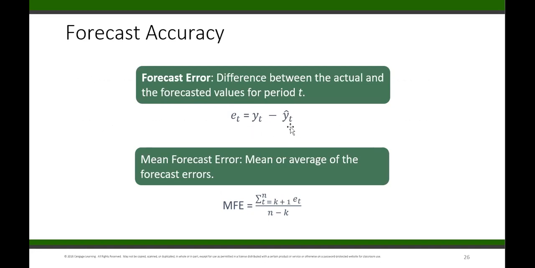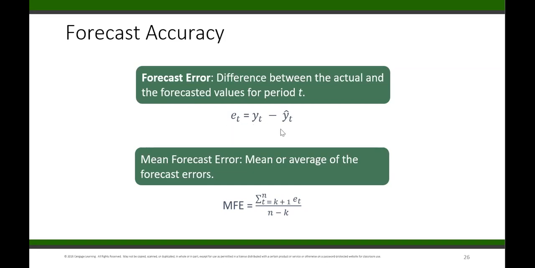The difference between these two values, the actual value of sale versus the forecasted value of sale, is called forecast error at period T.